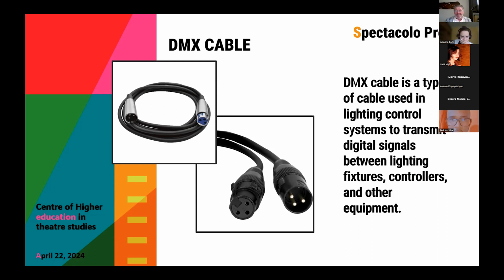This cable transmits digital data that controls various parameters of lighting fixtures, such as color, intensity, and movement: left, right, up, down, and everything. DMX cables can carry signals over relatively long distances, making them essential components in lighting setups for large venues.